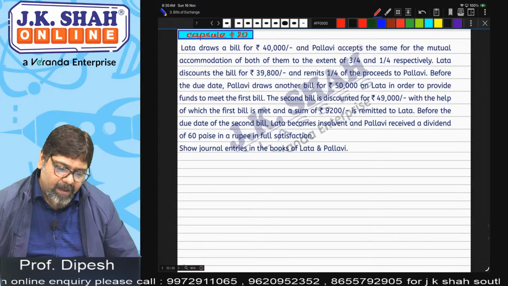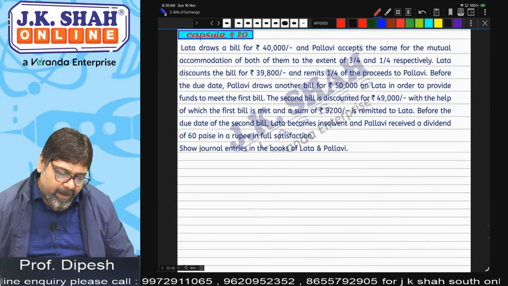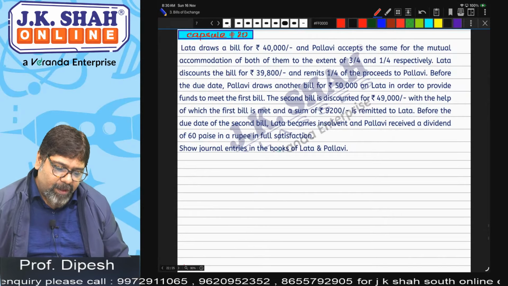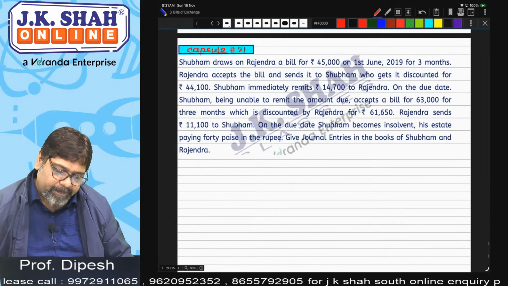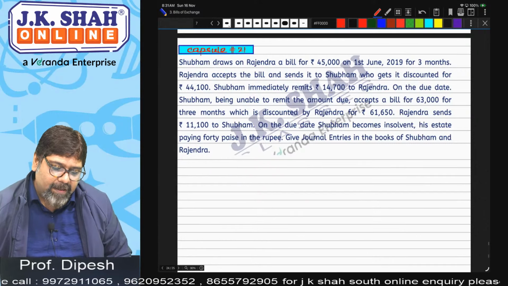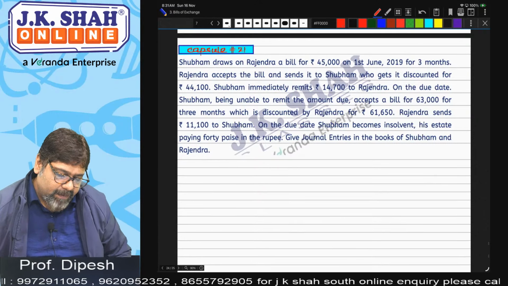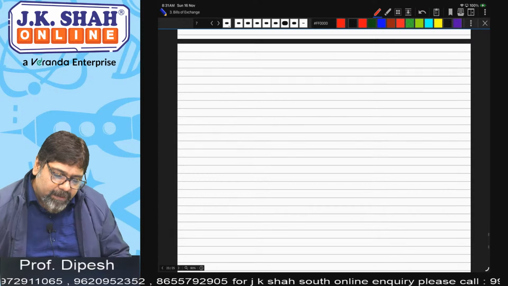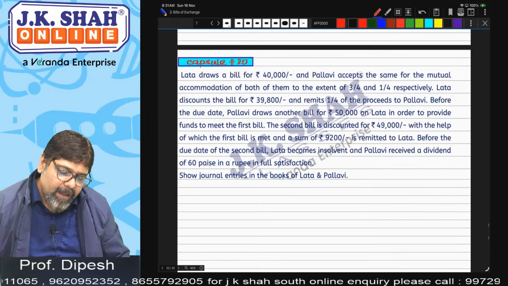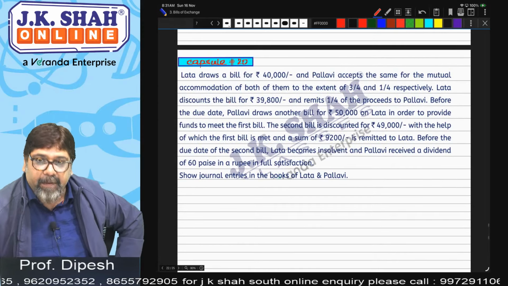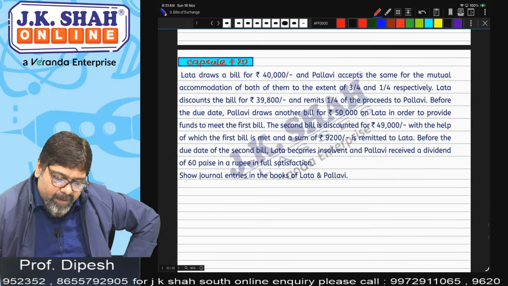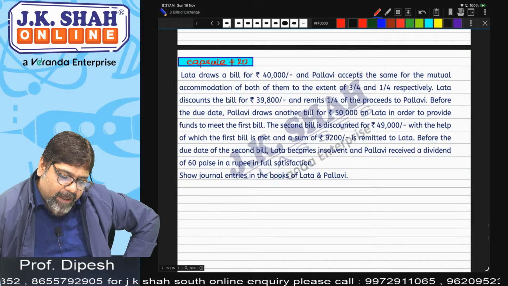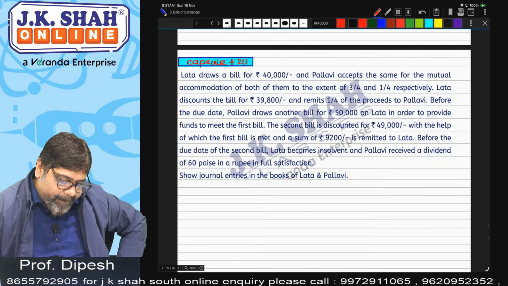Lata draws a bill of rupees 40,000 on Pallavi, who accepts the same for mutual accommodation. Shubham draws a bill on Rajendra for rupees 45,000. The accommodation is to the extent of 3/4 and 1/4.